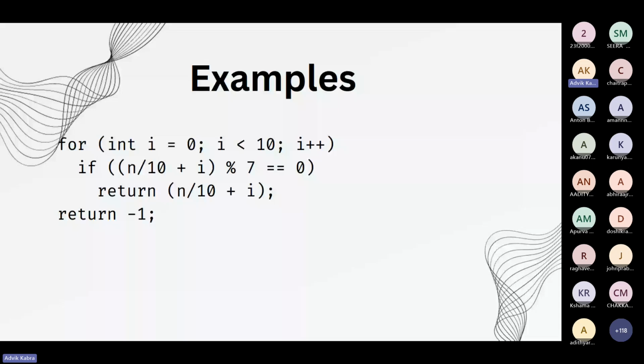Here we are trying to change only one digit. So what would be the logical furthering of that reasoning? n by 10 times 10 plus i, so that we can check every single number from 50 to 59. 7 times int n by 7 plus 1 may not be valid always because it might change more than one digit.